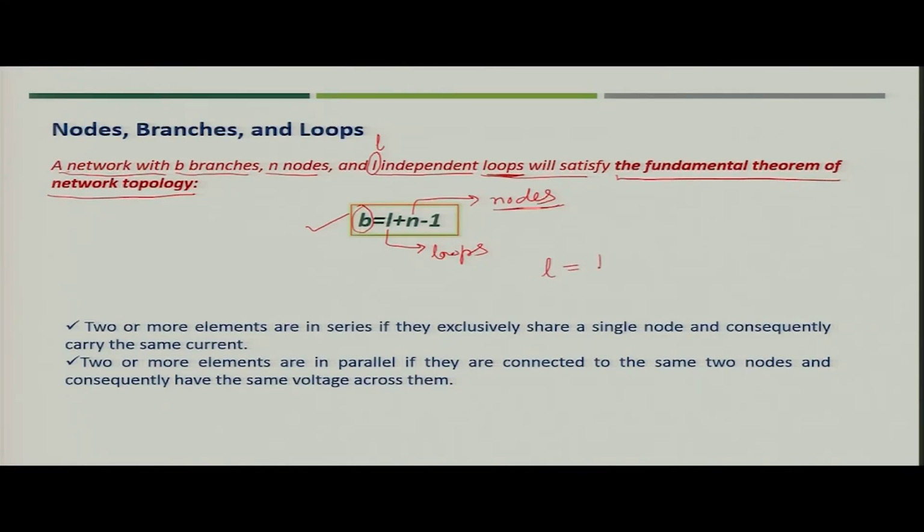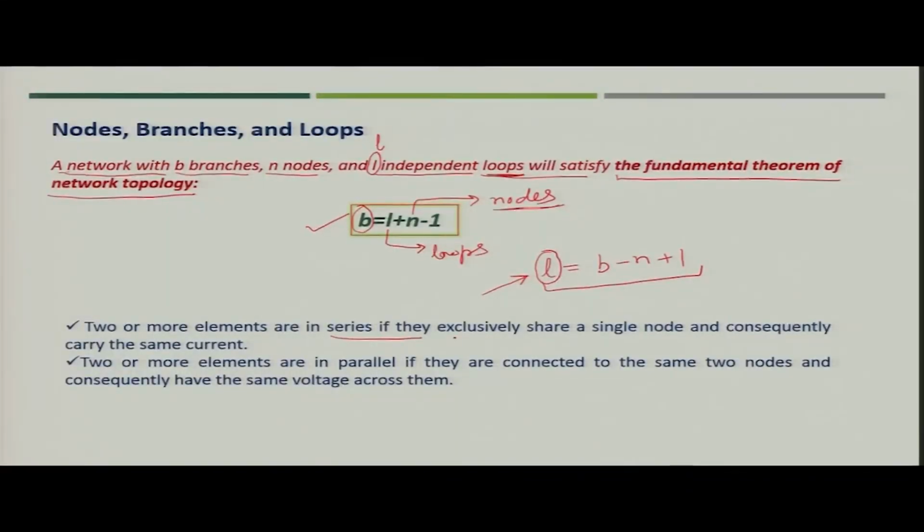L would be nothing but B minus n plus 1. So, you can count the number of loops which you have created and check whether they satisfy this theorem or not. If it is satisfied, it means that you have precisely identified the number of loops in the circuit.